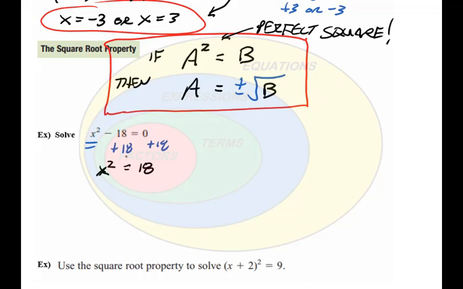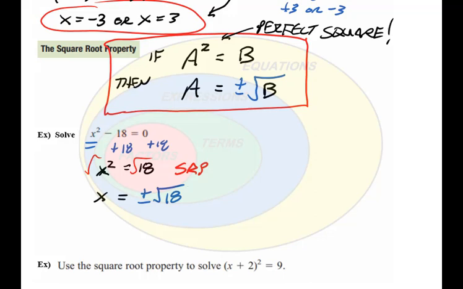So now I have a perfect square, and I can apply the square root property. I'm just going to call it SRP. It allows me to take the square root of both sides. The left side is x, but the right side, I can't forget that it's actually plus or minus the square root of 18. So our two answers are positive square root of 18 and negative.